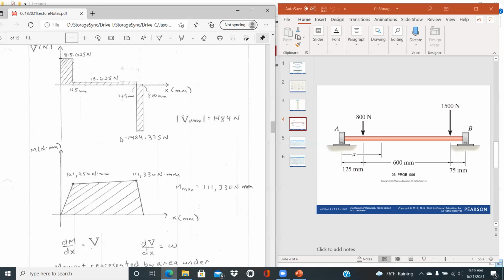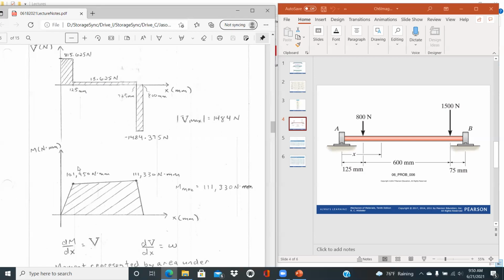This is one thing that you can do easily graphically, developing your shear moment diagrams, just calculating out the areas. And so with that, again, we have the area of this section, 101,950 Newton millimeters. And then if we look at the area of this section, 15.625 times this distance, it'd be 725 minus 125, 600.